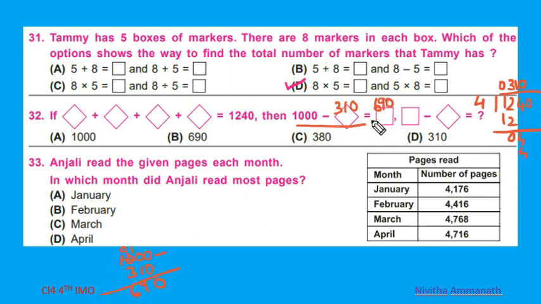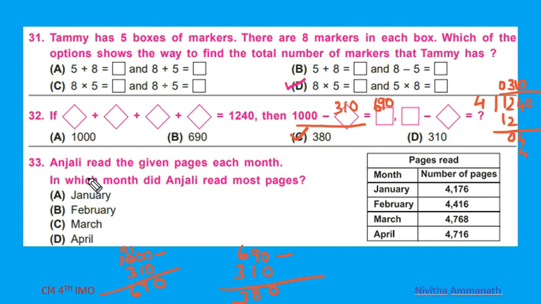That is 1 square is 690. So square minus diamond, that is 690 minus 310. 0 minus 0, 0. 9 minus 1, 8. 6 minus 3, 3. 380. This is the correct option, 32C.